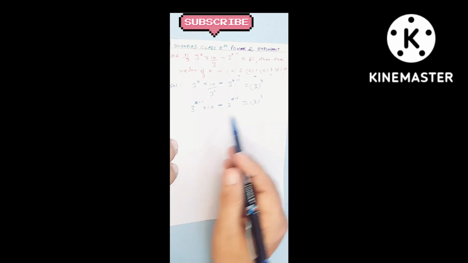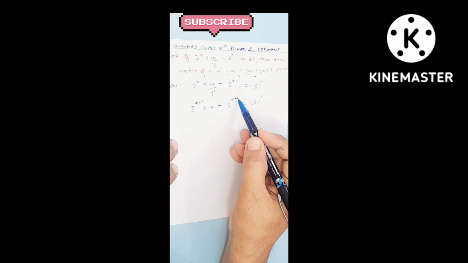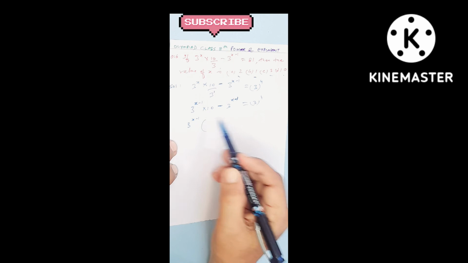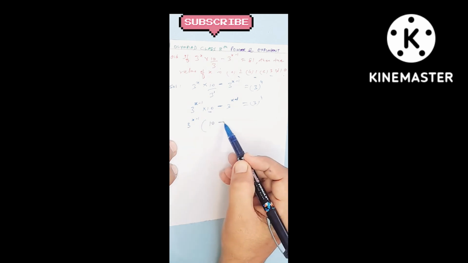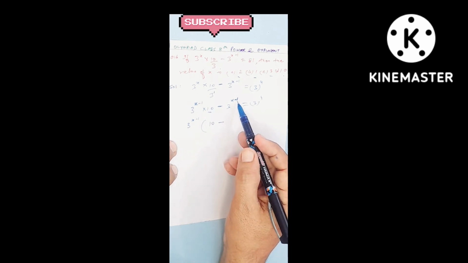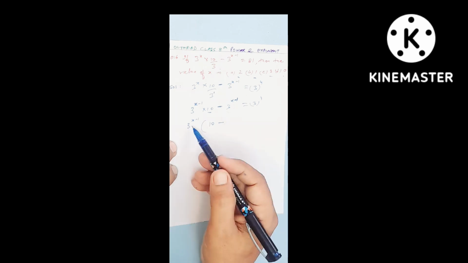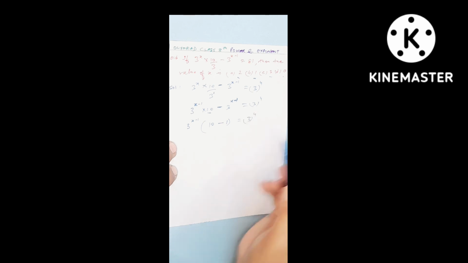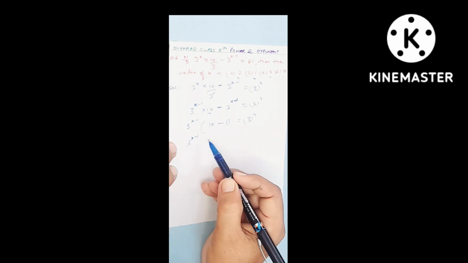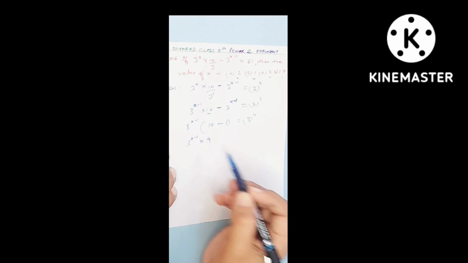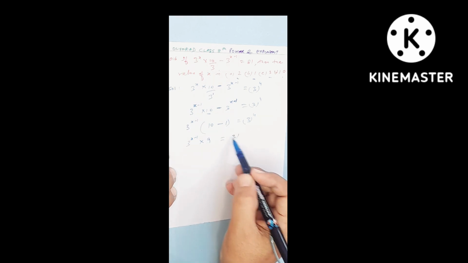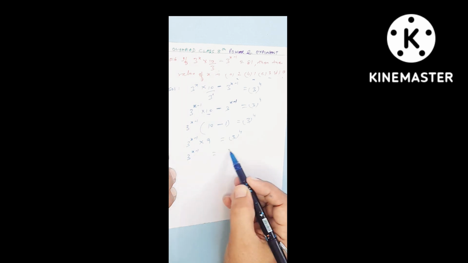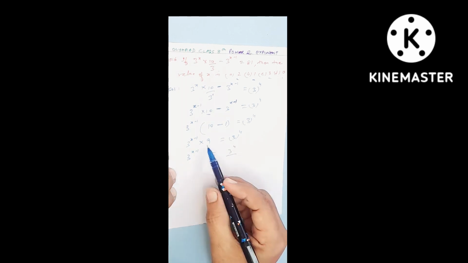So what I can do now is, we can take this term as common. So 3 raised to the power x minus 1, here you are left with 10, and because 3 raised to the power x minus 1 we have taken common, here 1 is left, equals 3 raised to the power 4. 3 raised to the power x minus 1, this will become 9, which is equal to 3 raised to the power 4. 3 raised to the power x minus 1 equals 3 raised to the power 4 divided by 9.